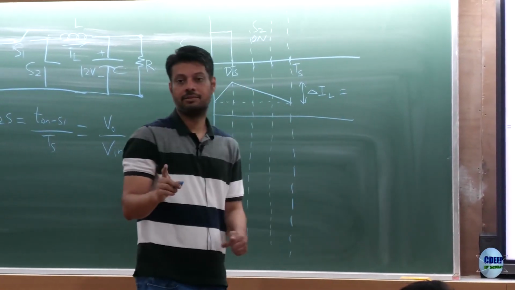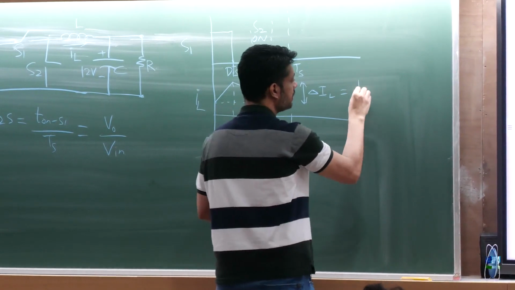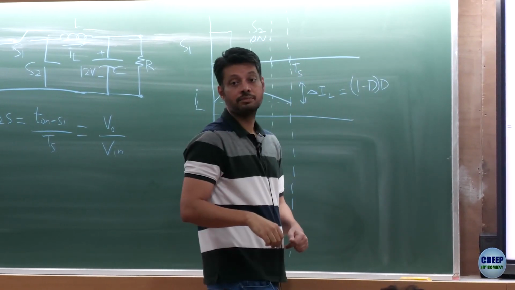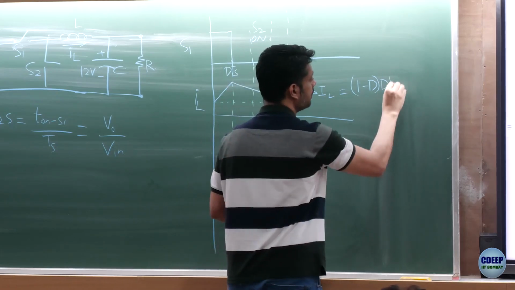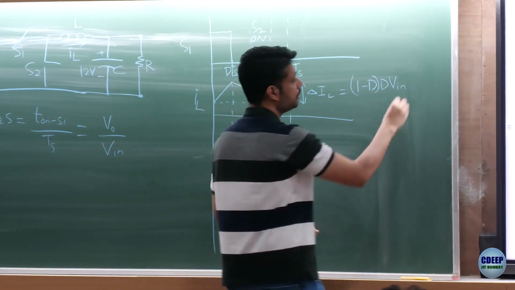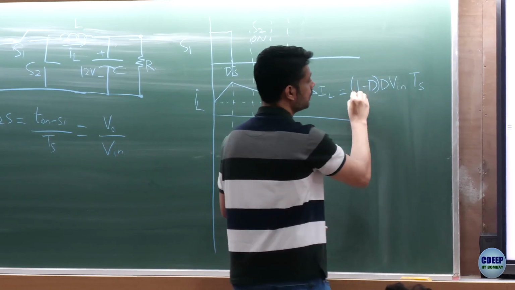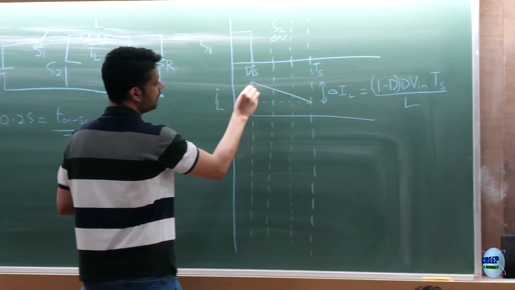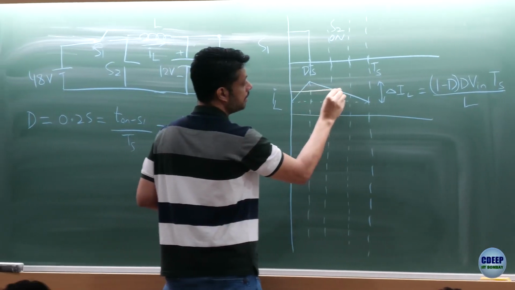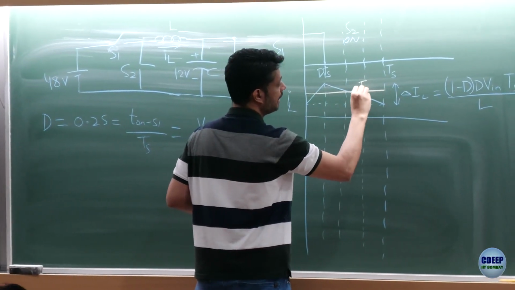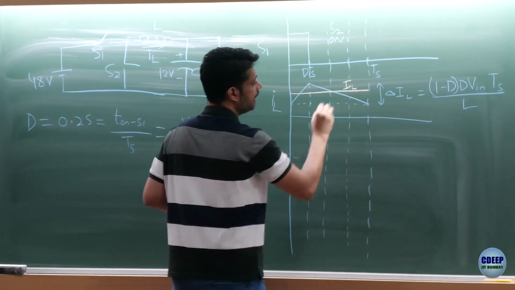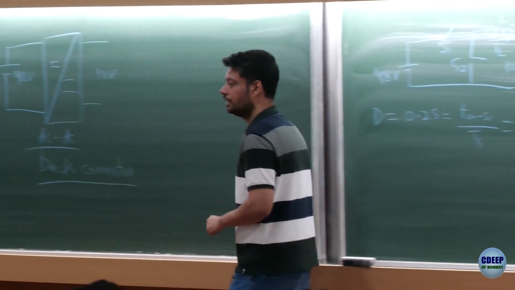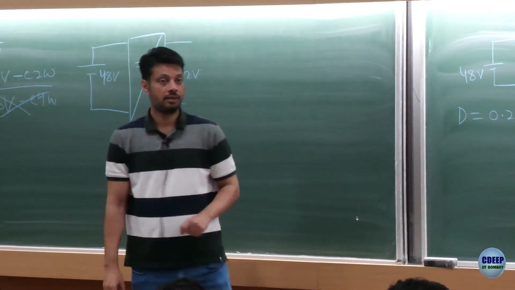Okay, one of you. 1 minus D into V in into Ts upon L. If this is delta IL, then this is the capital IL, which is nothing but the average current, right?